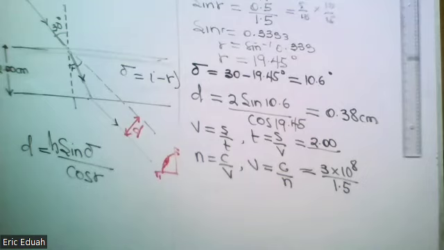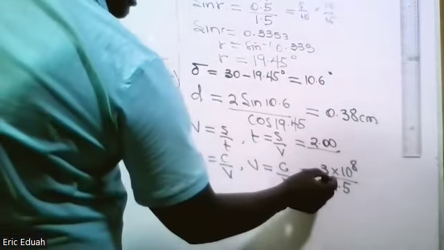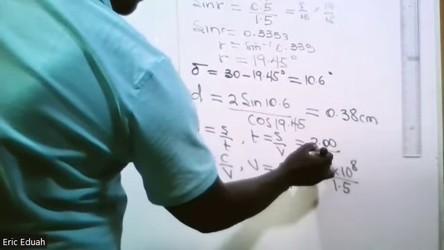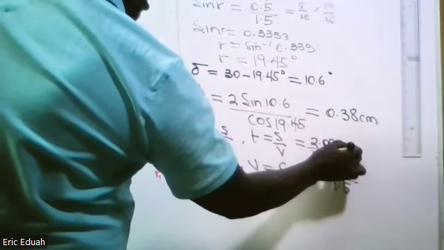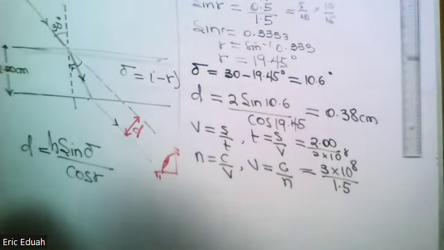Then we just divide the 2 centimeters by this 2 times 10 to the power 8, and that will be for t.